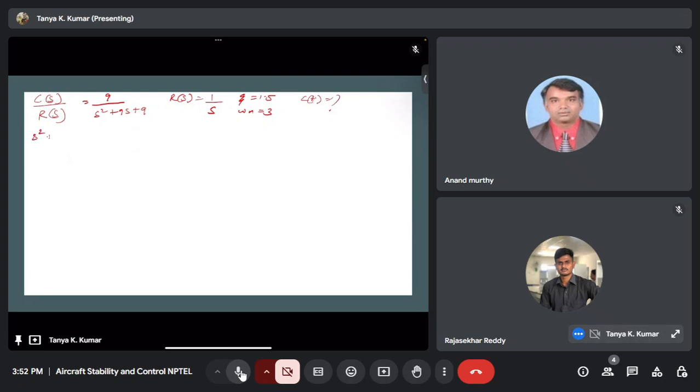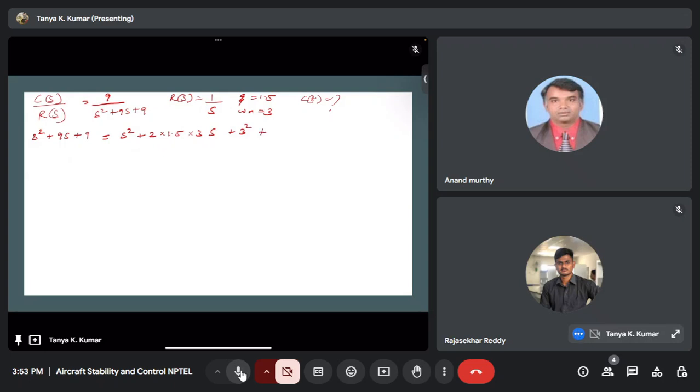s squared plus 9s plus 9, just write it in terms of the damping ratio in that form. So s squared plus 2 into 1.5 into 3 s plus 3 squared.